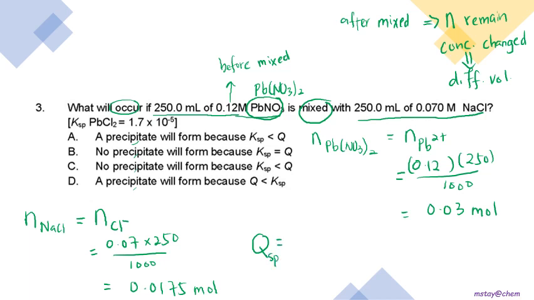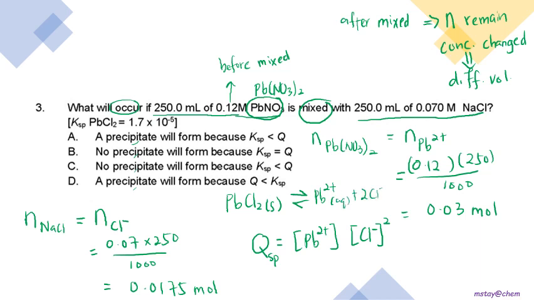Now we need to calculate the value of Q. QSP will equal the concentration of Pb2 plus times the concentration of Cl negative to the power of 2. How do we know this? Maybe you need to write down the chemical equation if you can't see it: Pb2 plus plus 2 Cl negative.